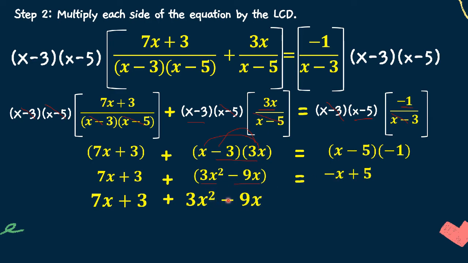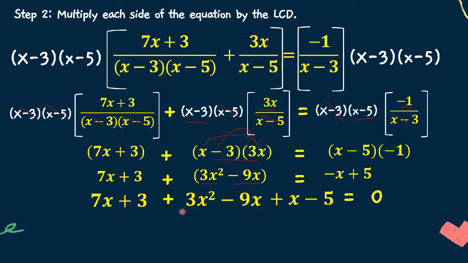Okay, simplify. Next, we transfer the right side to the left side, making the right side equal to 0, so that we can also combine like terms. Take note that negative x becomes positive x, positive 5 becomes negative 5, and that is equal to 0.